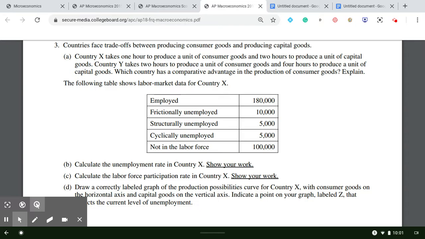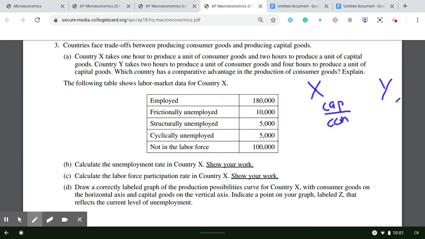Okay, so this is your classic specialization and trade problem. We're looking at comparative advantage in consumer goods, so we want to see how much capital we give up per consumer good.